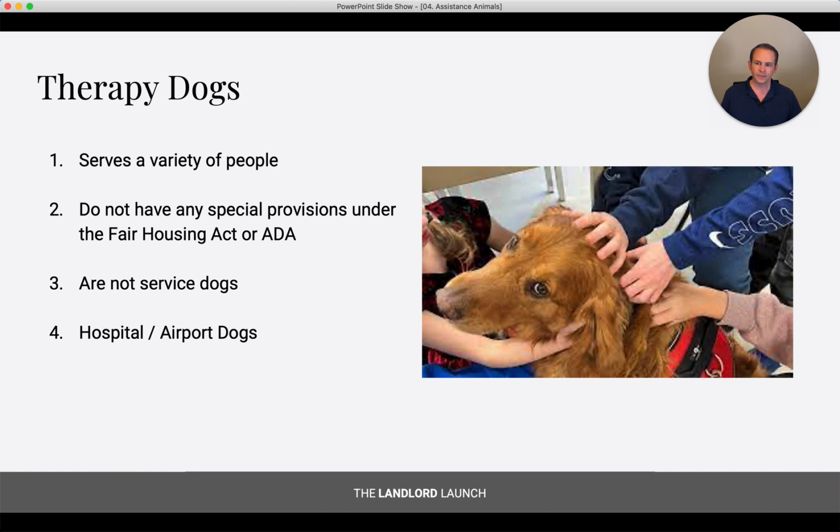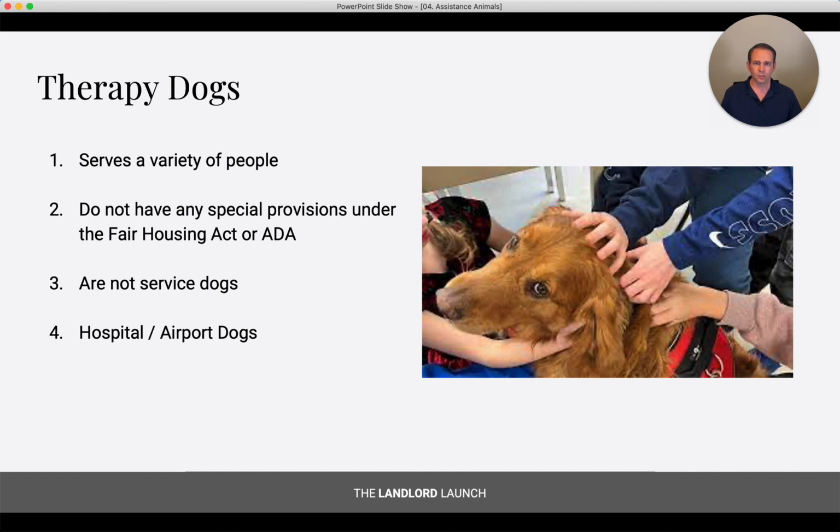Now, therapy dogs, think the dogs that you see in hospitals, airports, and nursing homes. Generally, they are there to help alleviate anxiety, maybe fear of flying, or just make somebody feel better by being there. They serve a variety of people. They have no special protections under the ADA or the Fair Housing Act like service animals and emotional support animals do.